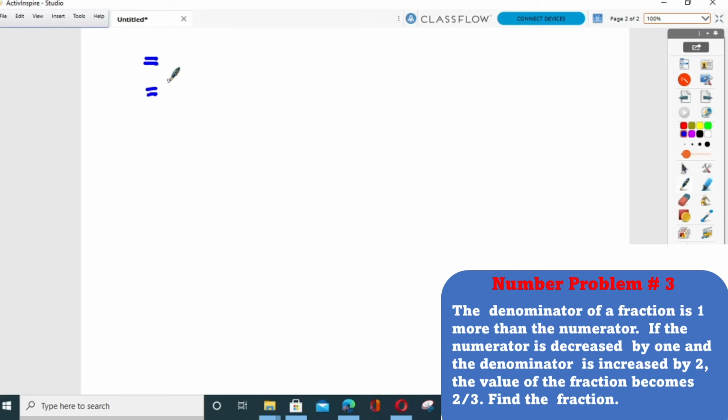So, we just name it numerator and denominator.